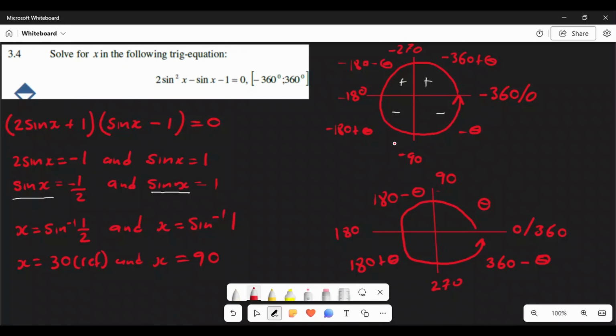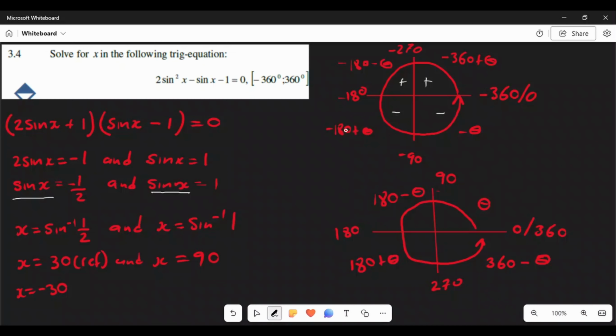So how do we represent this quadrant? Since our x is our reference, we say it is represented by negative theta. Our theta here is 30. So we can say the first answer is negative theta. That's the first answer. For the second answer, remember, sine is negative here.